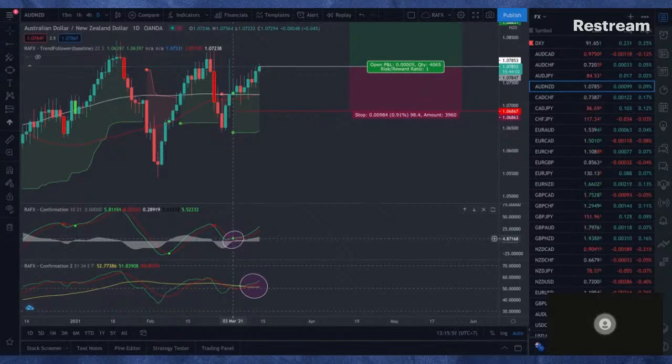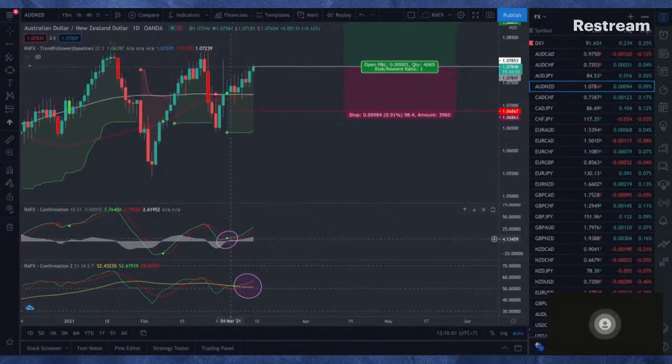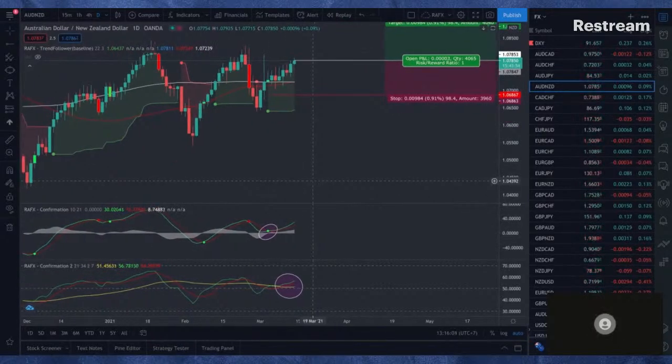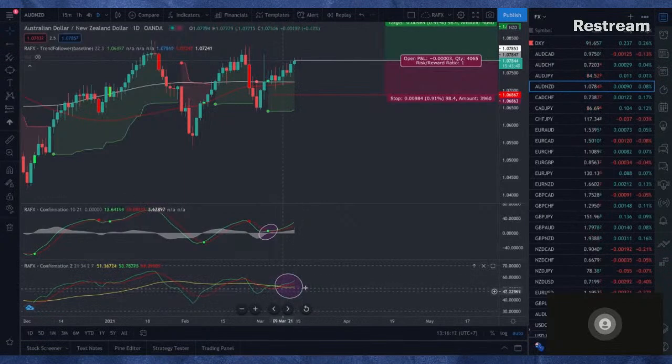So that's a good sign as well, or that's one of the binary checking that I do if I need to enter into a trade. And also confirmation 2 is in a buy zone already, and the green and red line, or the RSI and the signal, is above the market sentiment.